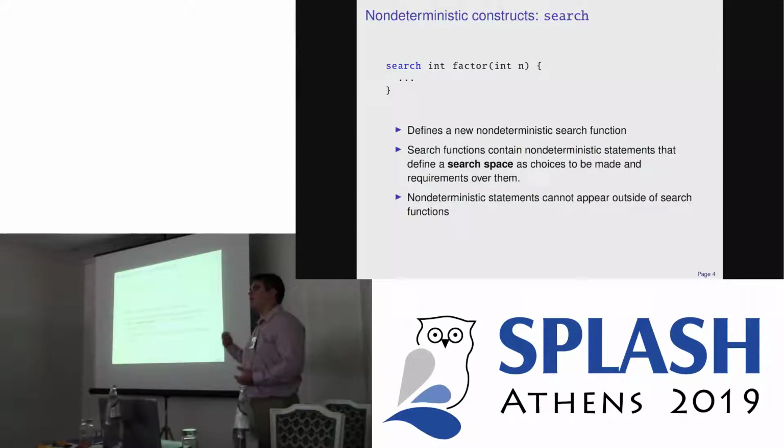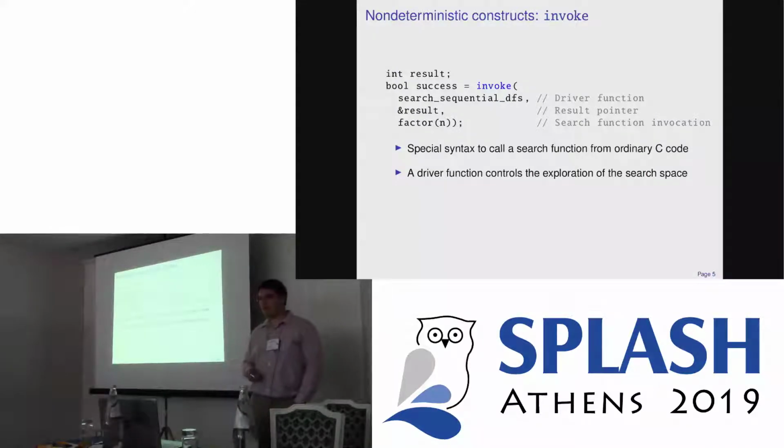We're extending the grammar of C here. These non-deterministic statements are only permitted inside a non-deterministic search function. So to actually call a search function from outside of the non-determinism world of things, we have this new invoke expression that you provide with a place to store the result, a function call to a search function, and also a search driver function.